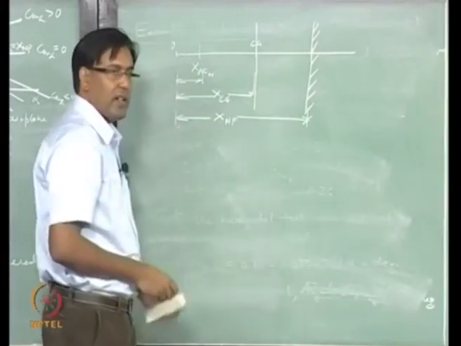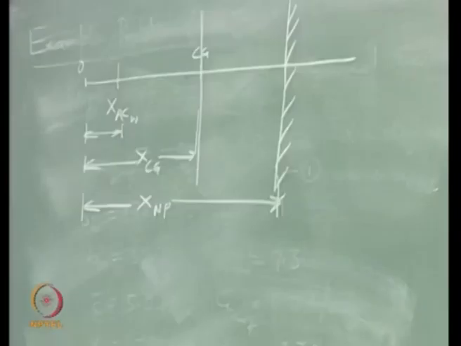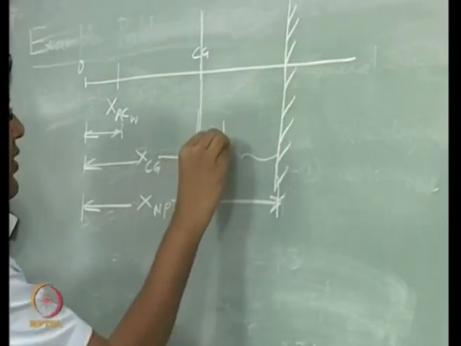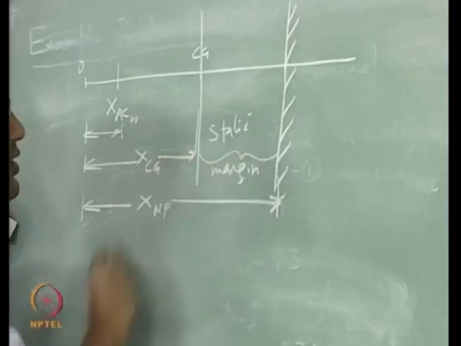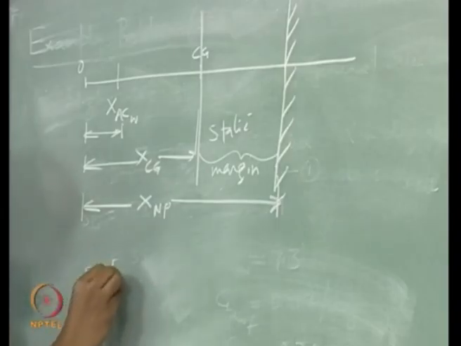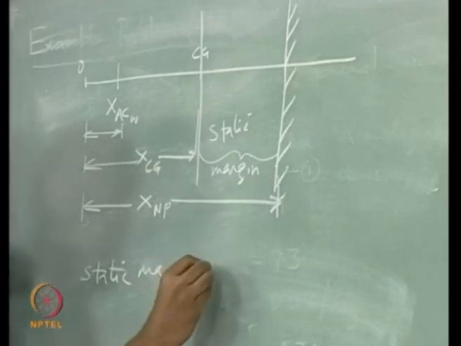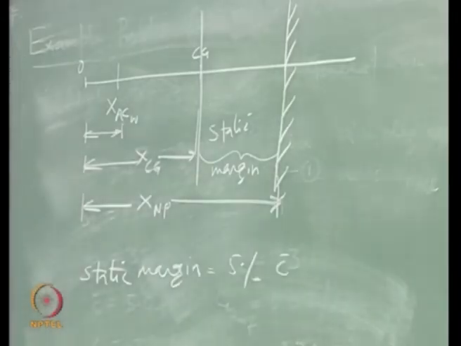So that is where there is a requirement for this distance which is called static margin. Every conventional airplane should have this static margin which is 5% of the mean aerodynamic chord of the wing, right.